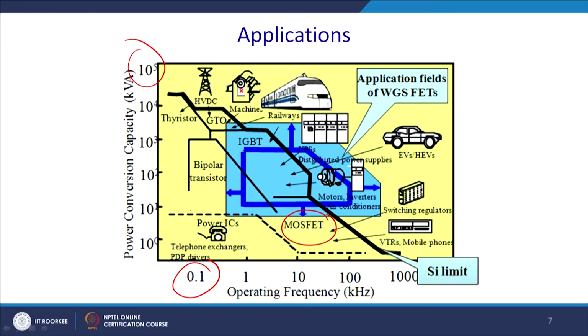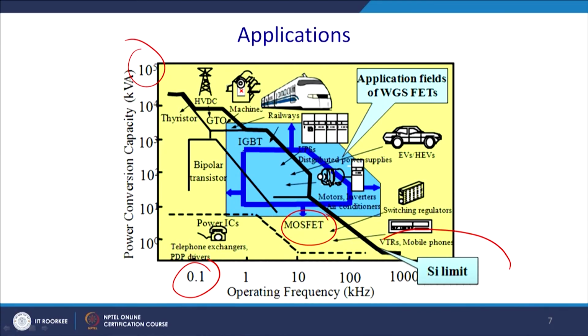MOSFET will have very high frequency but low power handling capability, and it finds its application in switching regulators, SMPS, VRM modules of phones and power ICs and all those things. So, these are the power ratings and frequency ranges available for existing devices, and what kind of device we will choose based on those criteria has been discussed here.